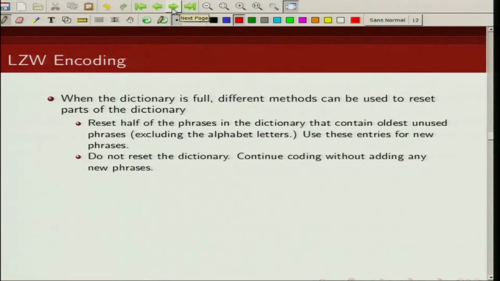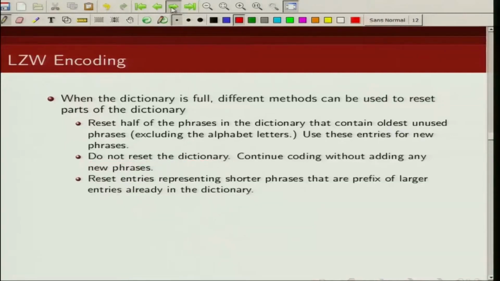Or the second approach could be we do not reset the dictionary, we continue coding with the same set of phrases that are already there in the dictionary. So we do not update the dictionary and we continue coding using the older phrases. Another approach could be we reset entries corresponding to short phrases that are already prefixes of larger entries, and these larger entries are already there in the dictionary.